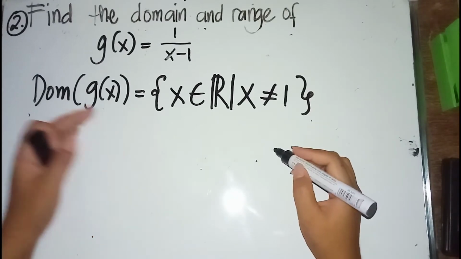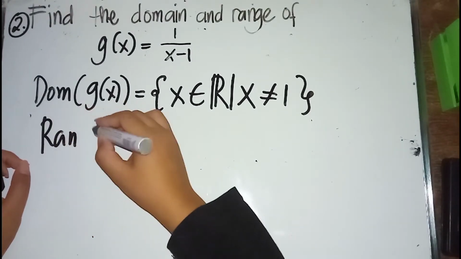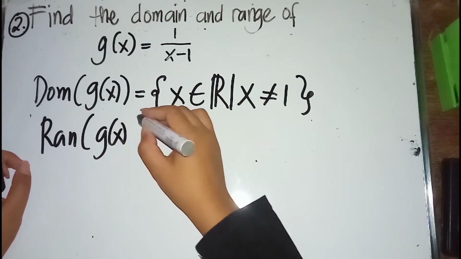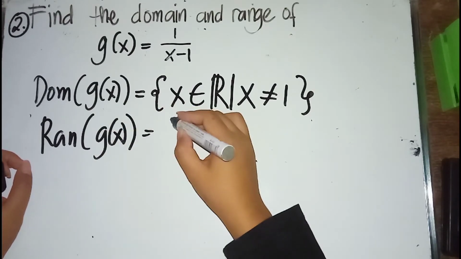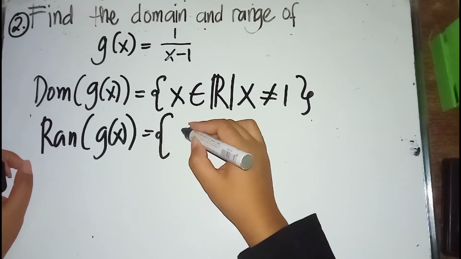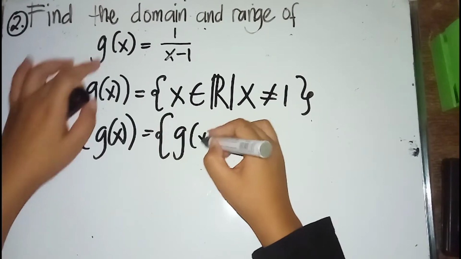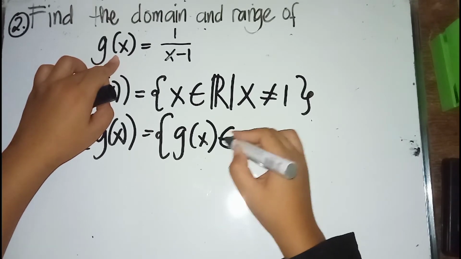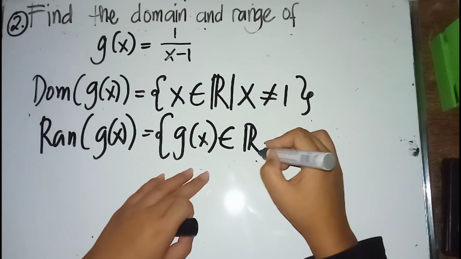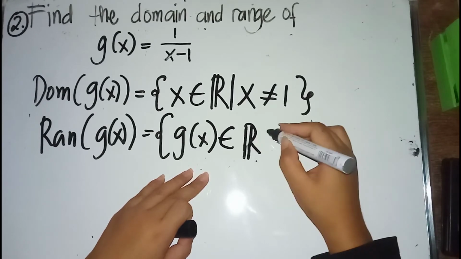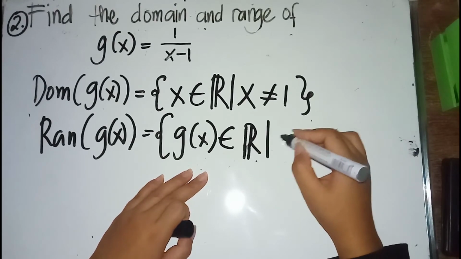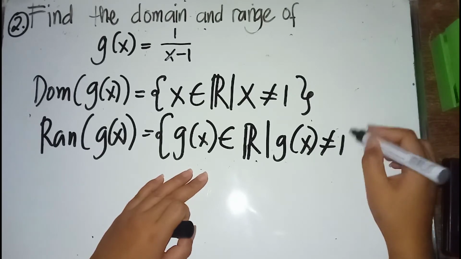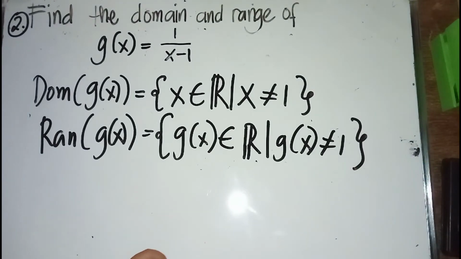So that would be our domain, and our range would be g of x is equal to the set of g of x, which is our function, is a member of all real numbers such that g of x must not equal 1, and close.